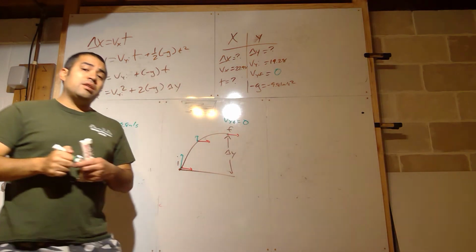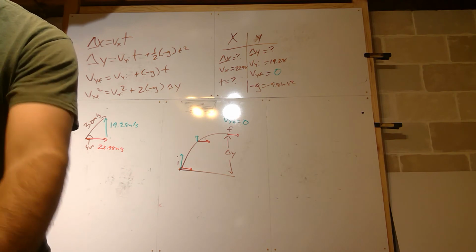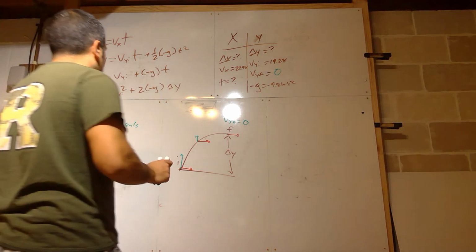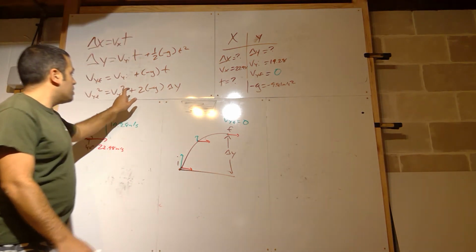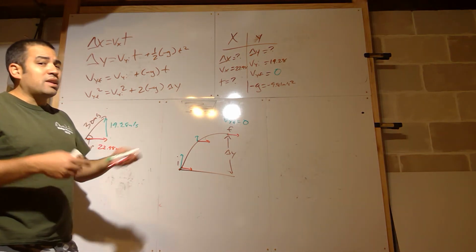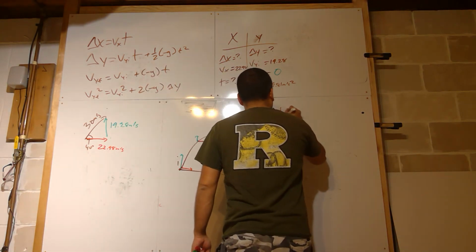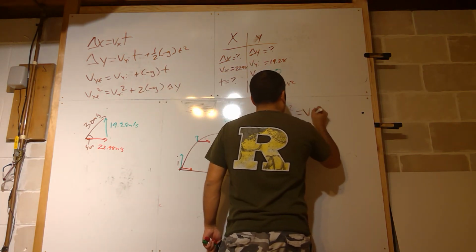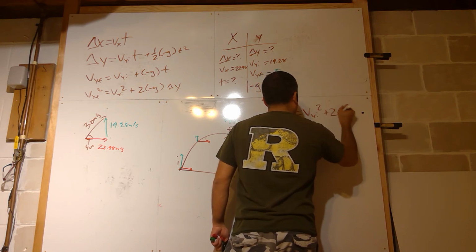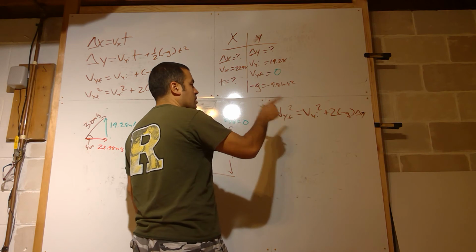And what you're going to find here is that we actually don't need to consider the x direction to get our maximum height. In fact, if you remember from the previous unit, the time independent formula was the one that was easiest to work with to get our max height, and it's the same case here. So if you take a look and I write out the time independent formula, you're going to see that we have everything except delta y.